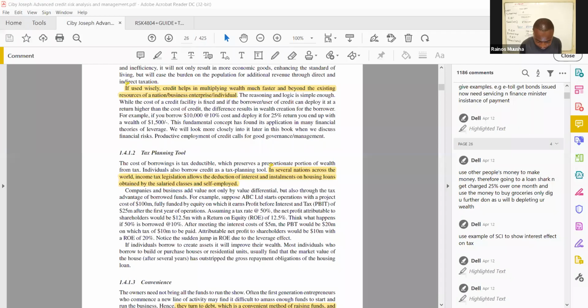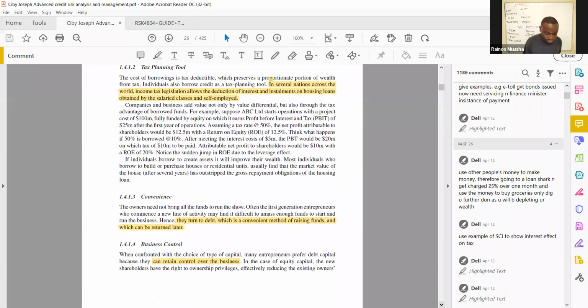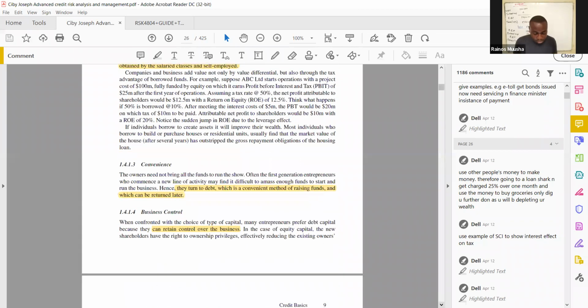Moving on, the next advantage they look at is convenience, and they say debt is a convenient method of raising funds, which can be returned later.